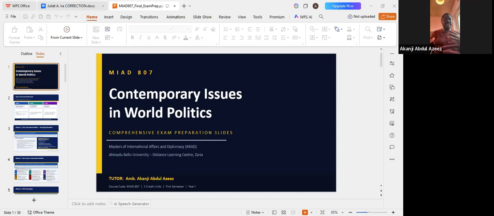How countries interact in the international system is what we refer to as international politics. According to a popular definition, international politics is the struggle for power among nations or among states.